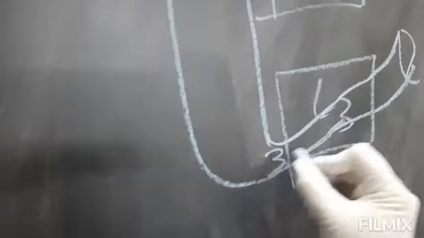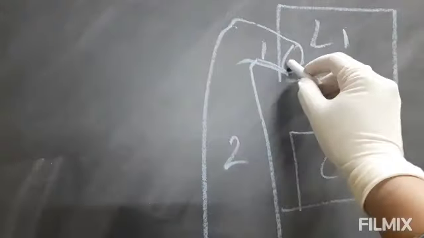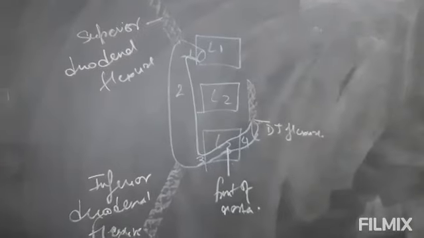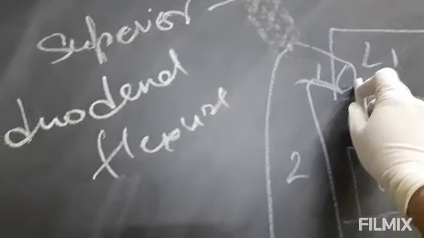First part of the duodenum, second part of the duodenum, third part of the duodenum, and the fourth part of the duodenum. The first part of the duodenum is continuous from the pylorus of the stomach to the superior duodenal flexure.